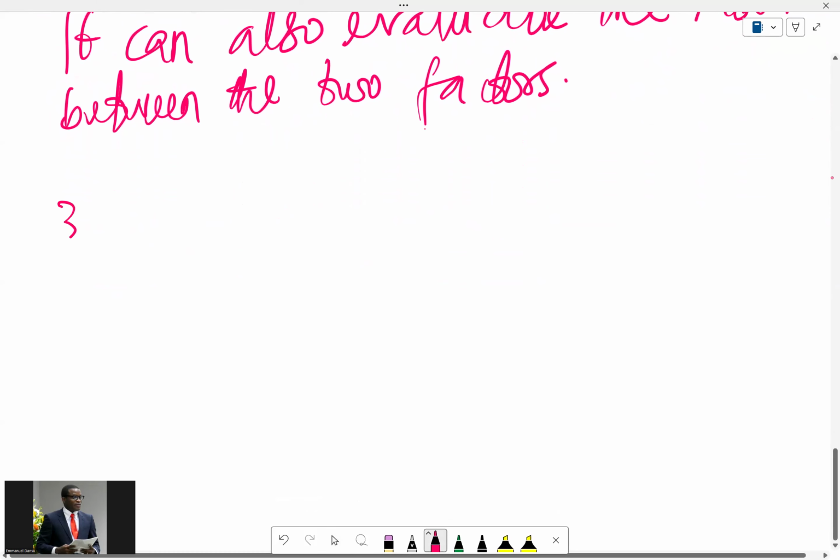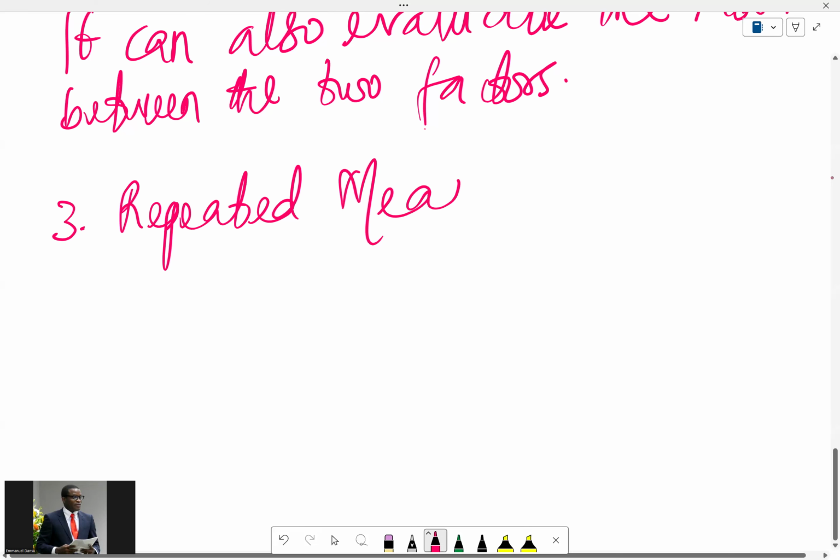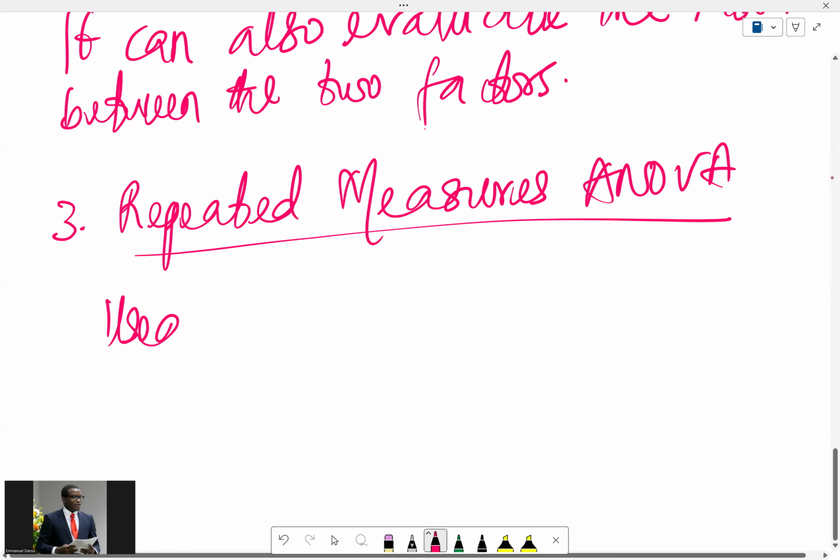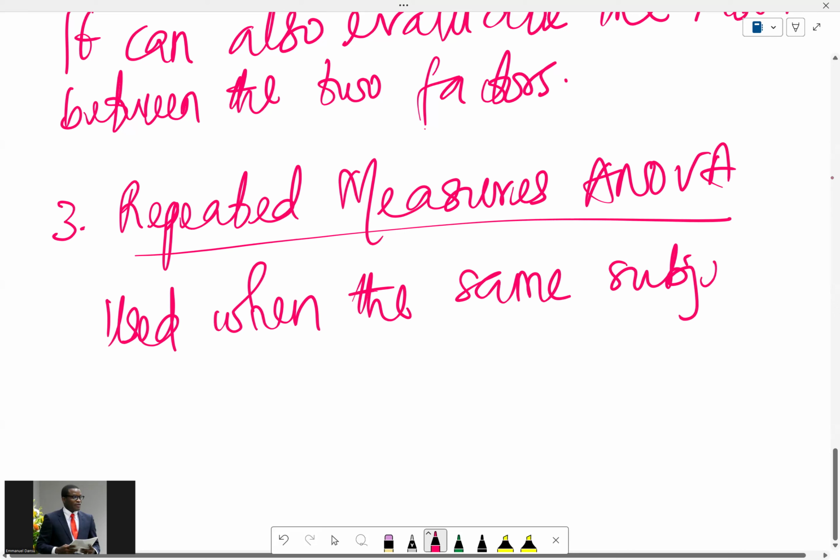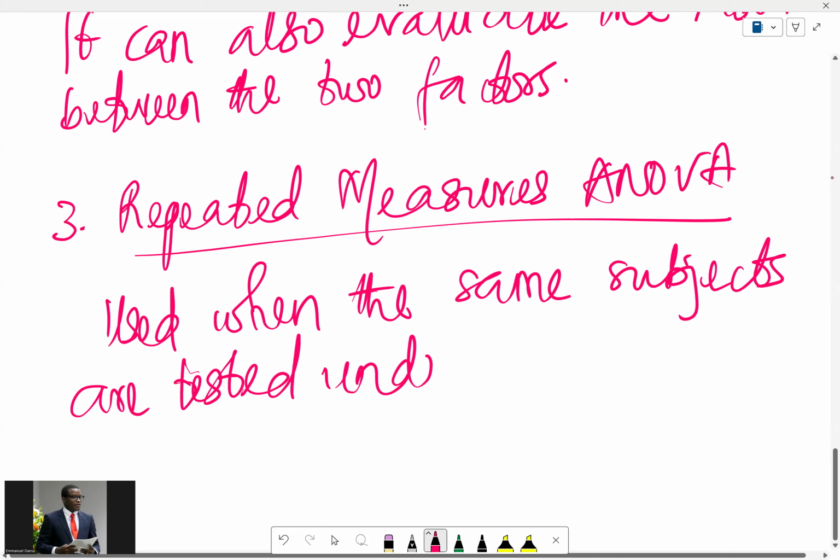Of course, we have a third type of ANOVA, which is what you can call repeated measures ANOVA. This is used when the same subjects are tested under different conditions.